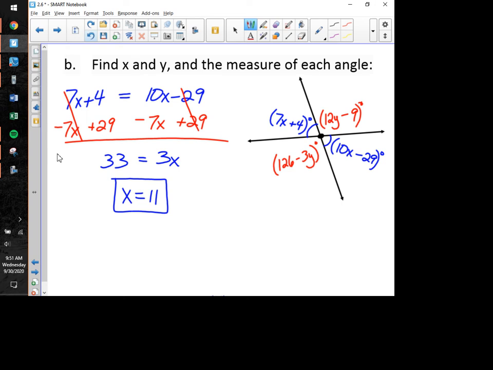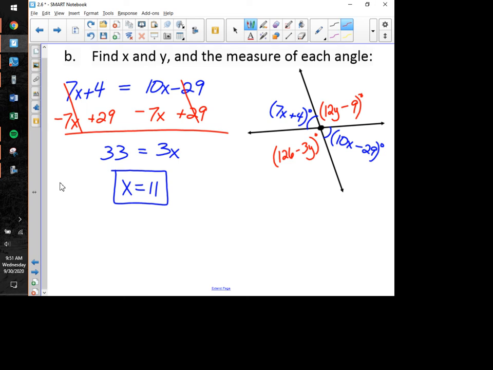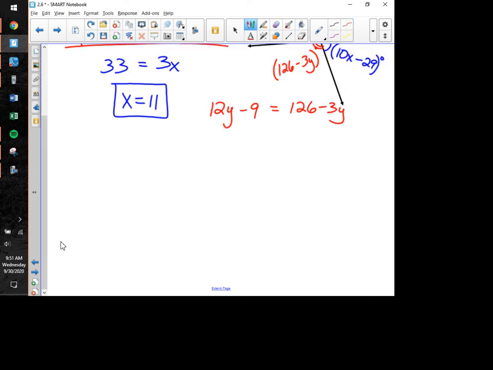All right, so once again now, just looking at it a slightly different way, we've got an angle in the top right corner and an angle in the bottom left corner. Those are vertical angles, and vertical angles must be congruent. So I'll take one of them, 12y minus 9, and set that equal to the other, 126 minus 3y. Now from here, let's take a look, guys.